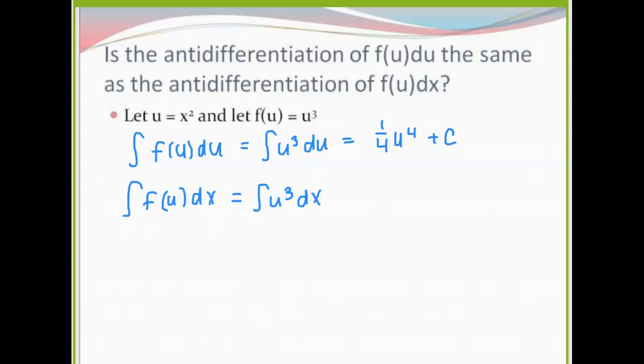So maybe I'll try to plug in x squared where my u cubed is to at least maybe match my bounds. But a power to a power says multiply. So that's like x to the 6th dx.